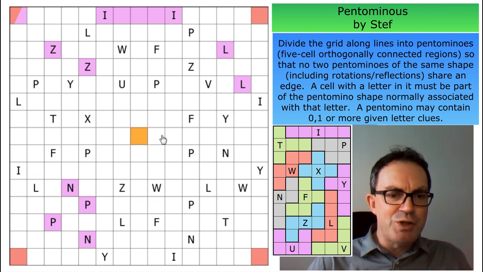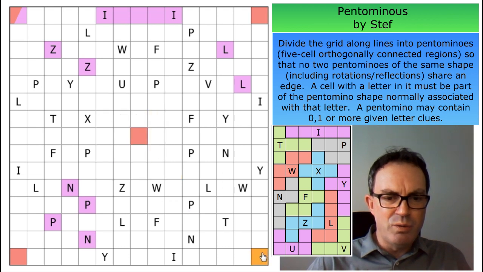I mean, it's very interesting to know that this is part of its own pentomino, but you can see there's so much space around it. There's no way of knowing what pentomino it is. And similarly with the corners, I'm not exactly sure that I can do much with that.